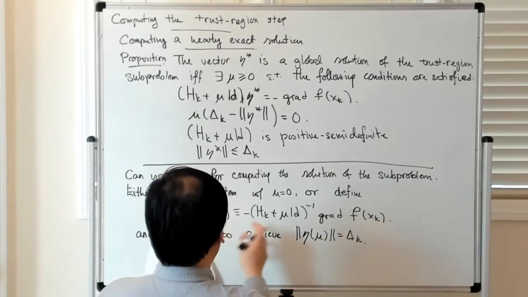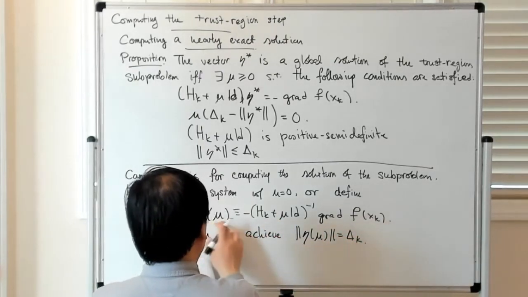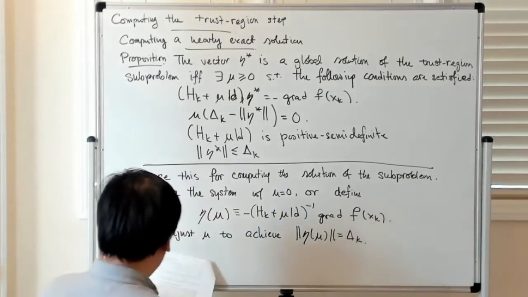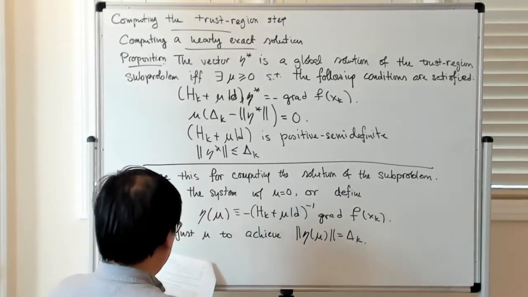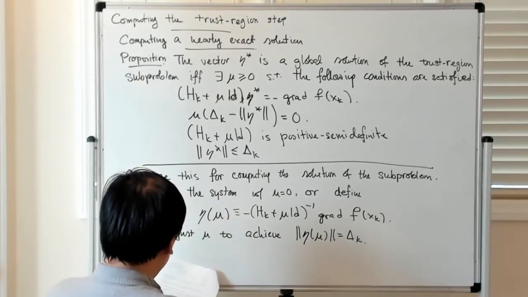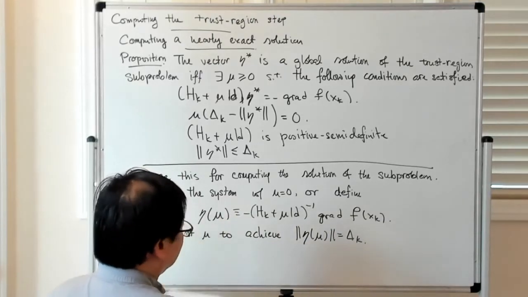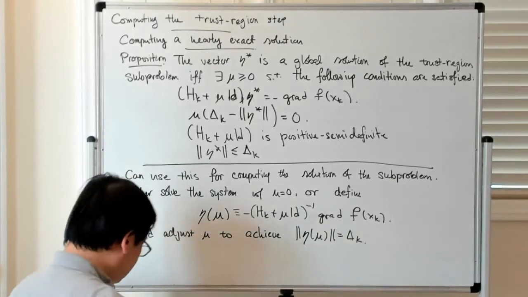So this is a one-parameter search, where the parameter is mu. There are several methods based on this general approach.